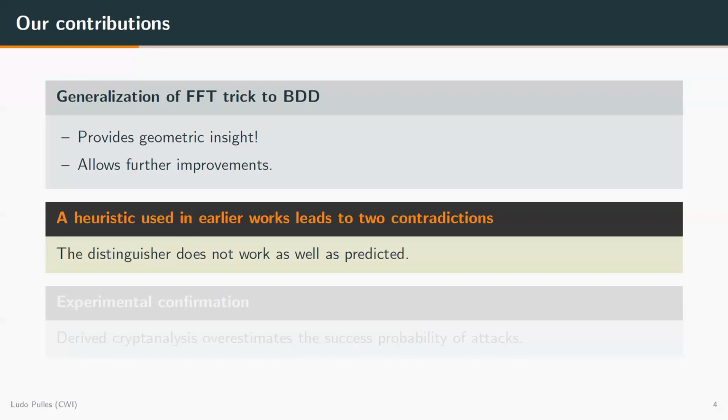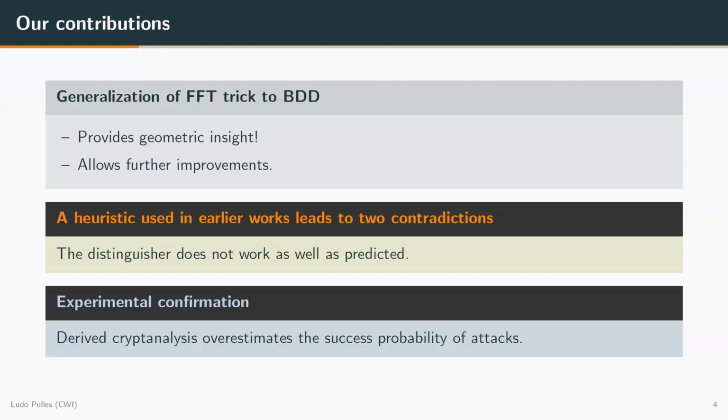However, our second contribution concerns a heuristic used in all these recent works, and we show that it leads to two contradictions. What this shows is that this distinguisher function does not work as well as it was predicted under the heuristic.